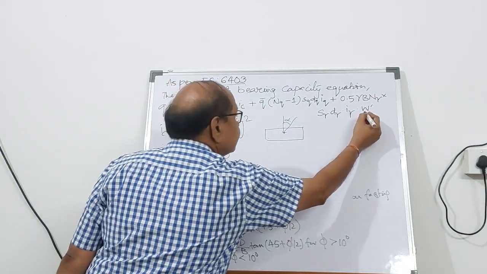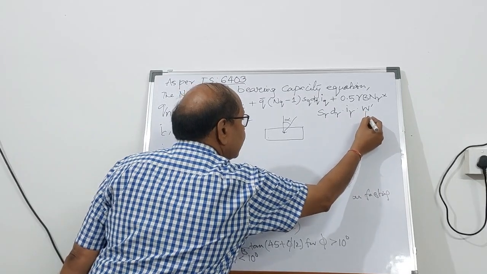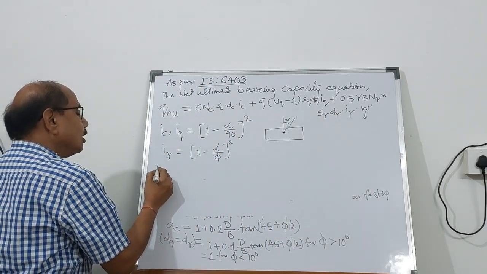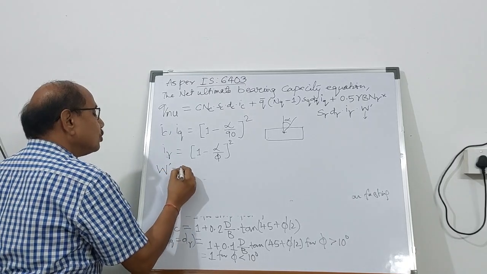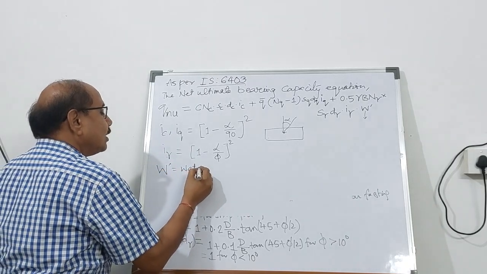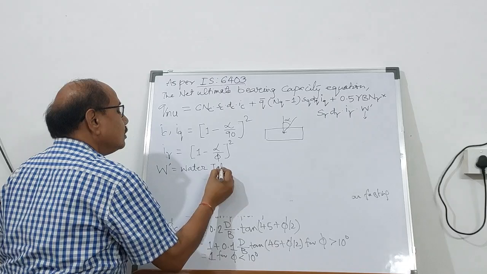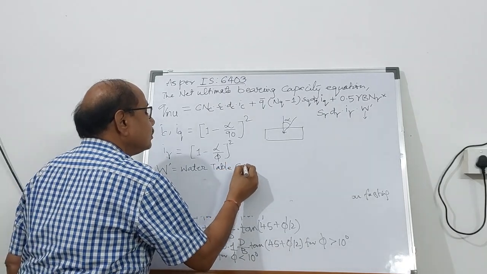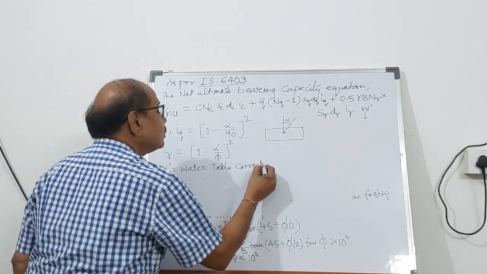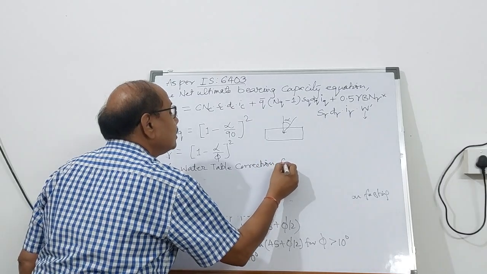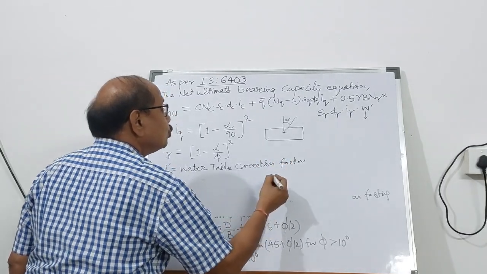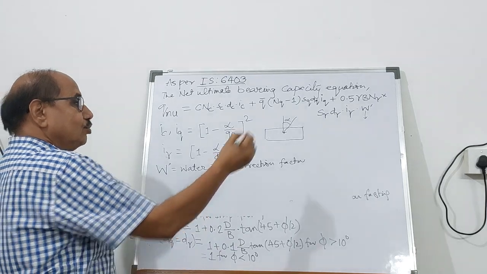And the last term is called the water table correction factor. W prime is called the water table correction factor, to be applied to the last term.